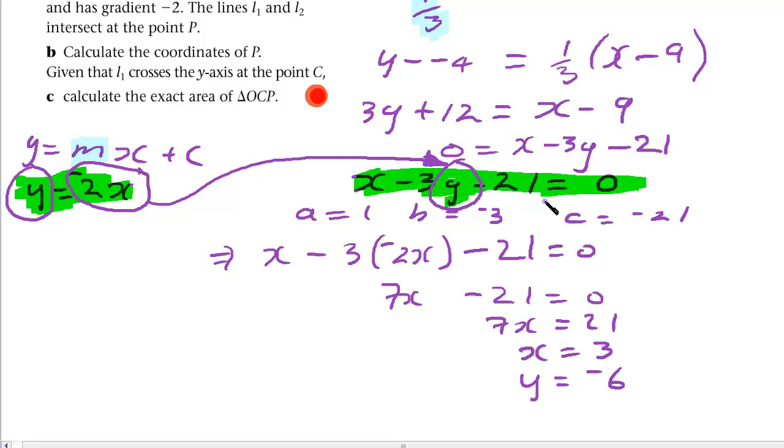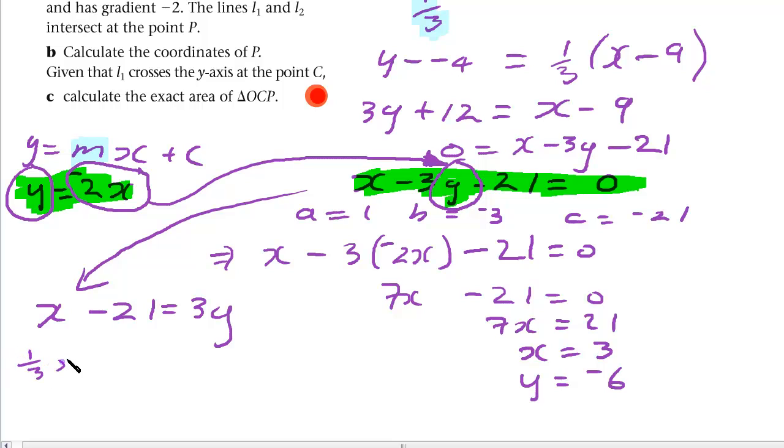I take the 3y to the other side, so we get x minus 21 equals 3y. Divide throughout by 3, so I get a third of x minus 7 equals y. So we can see this crosses the y-axis at minus 7.